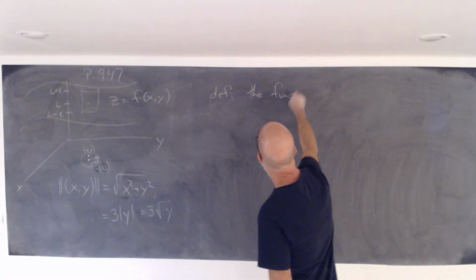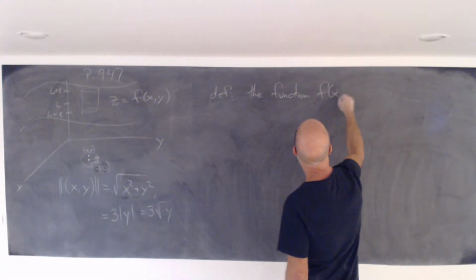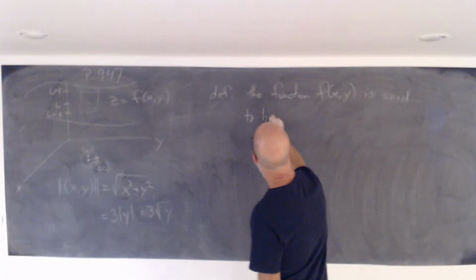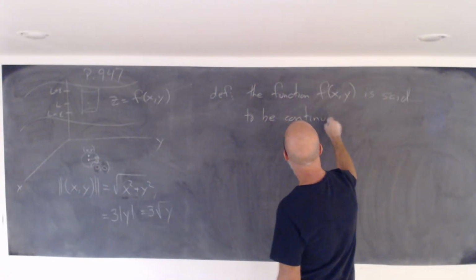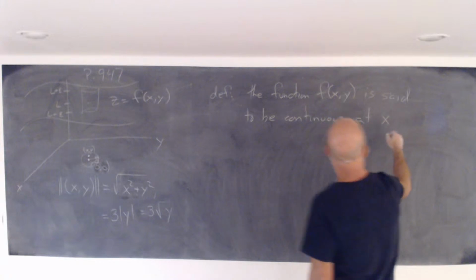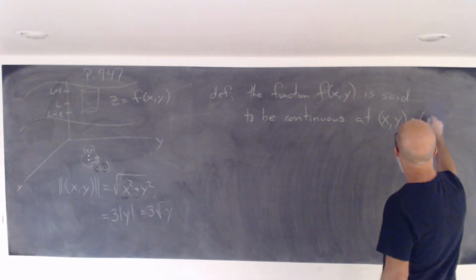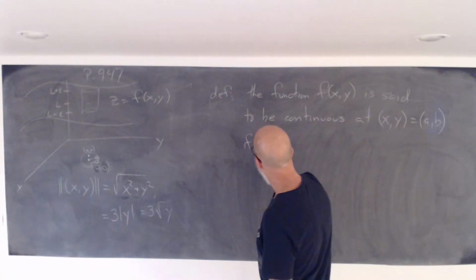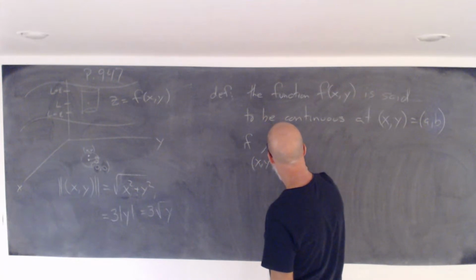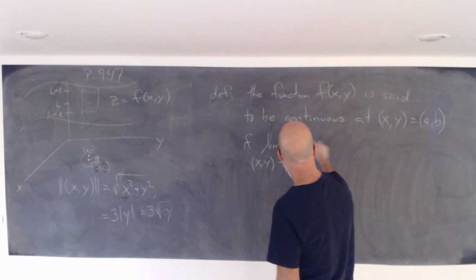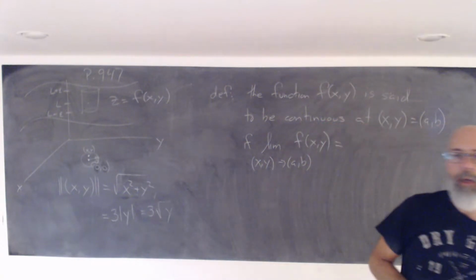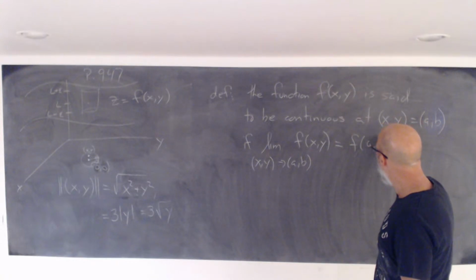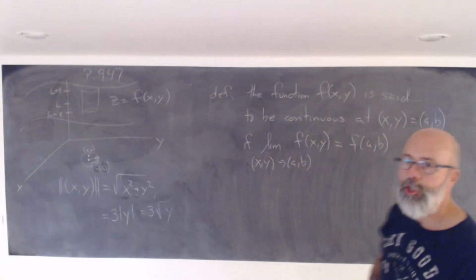The function f of (x, y) is said to be continuous at the point (a, b) if the limit exists and is equal to the function at that point.